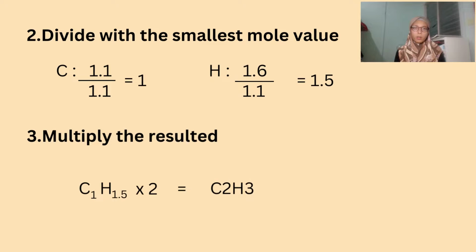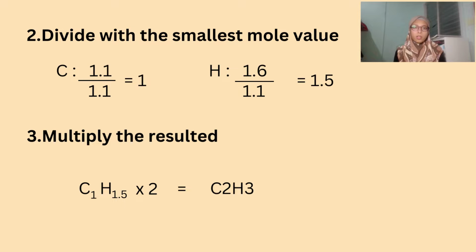After we got the mole value for each of the elements, which is carbon and hydrogen, we need to divide it with the smallest mole value, which is 1.1. So for carbon, divide 1.1 with 1.1, we will get 1.